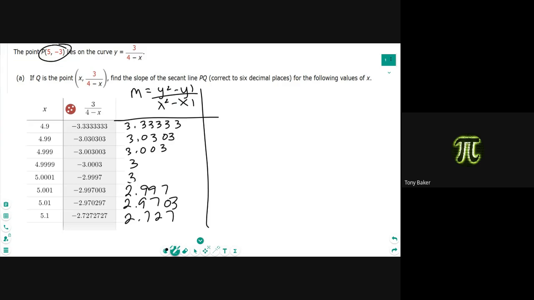So what's the slope as we get closer and closer to 5, negative 3? It's 3. So the limit as x goes to 5 of my slope is 3.